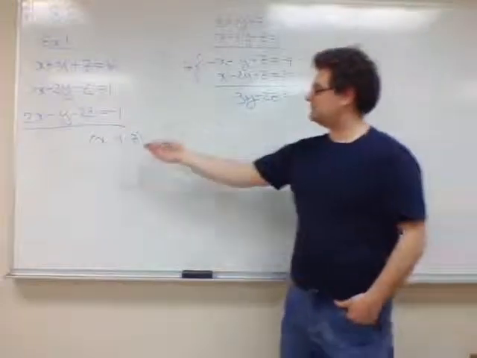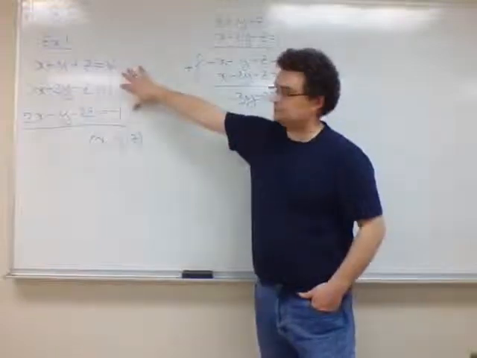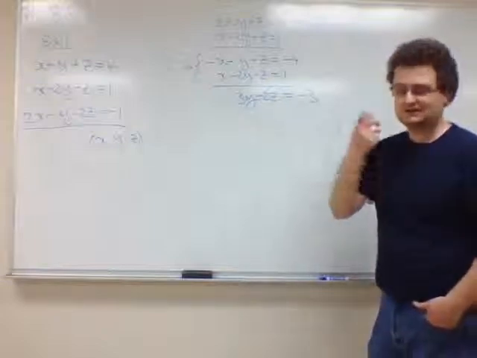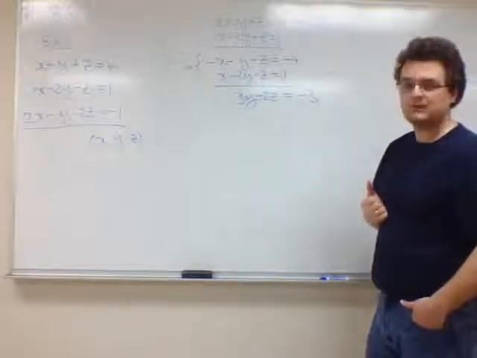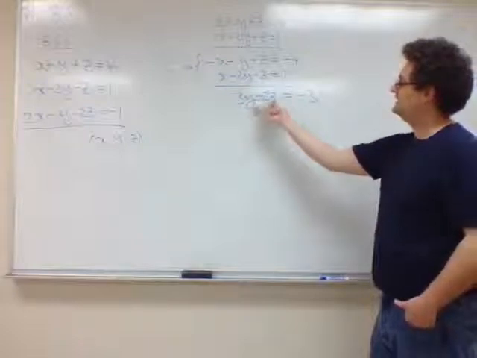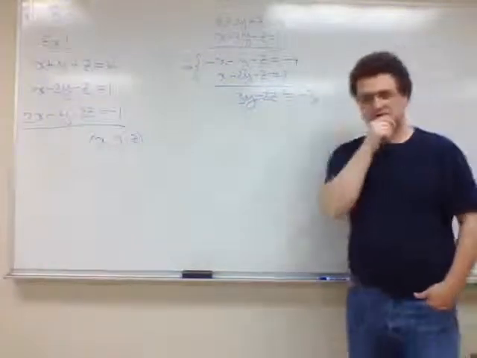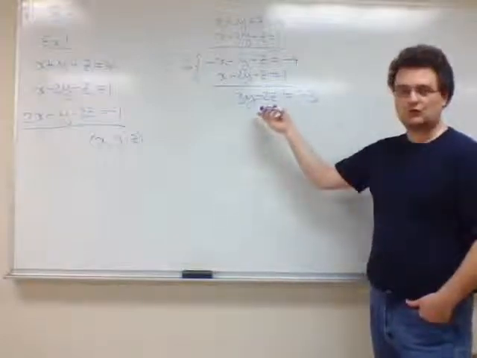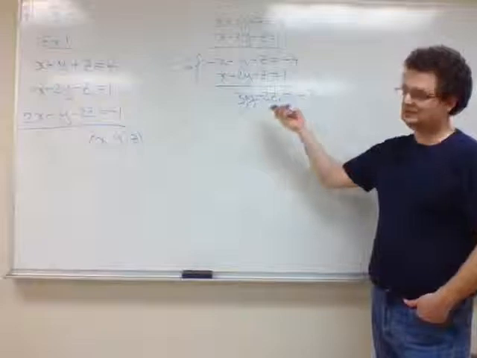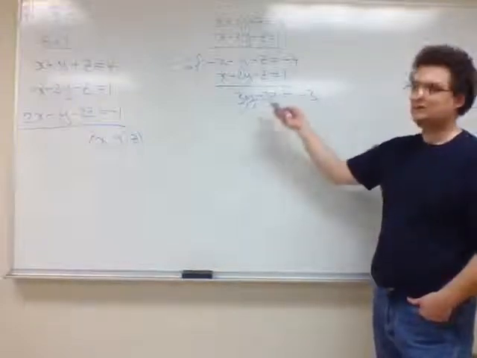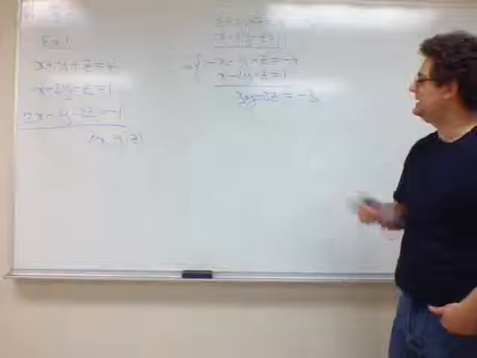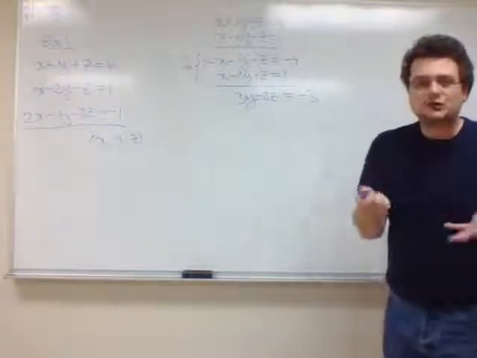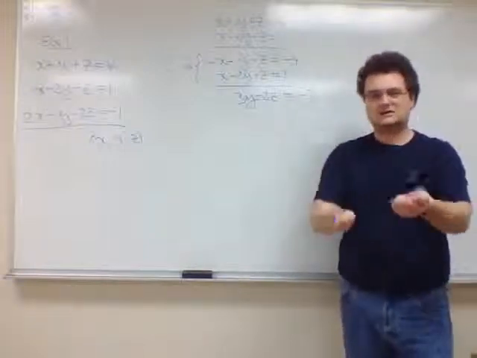So if x, y, z is supposed to be a solution of this system, at least its y and z components have to satisfy this equation. So it looks like we didn't get anywhere because you cannot solve for y or z. If you try to solve for y, you have to express y in terms of z, and if you try to solve for z, you will express z in terms of y. So you don't get an exact value of y and an exact value of z.